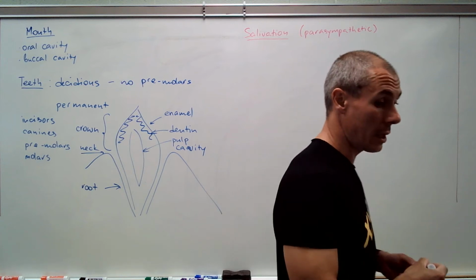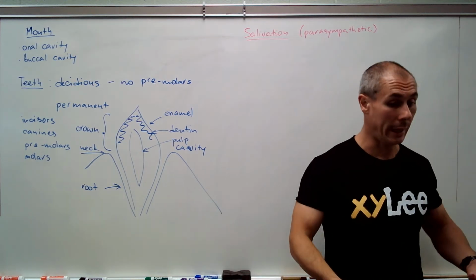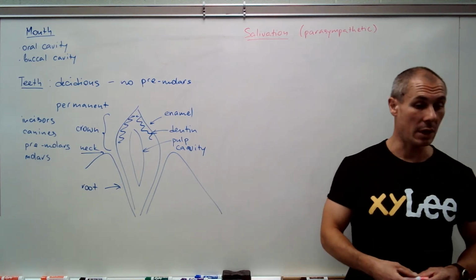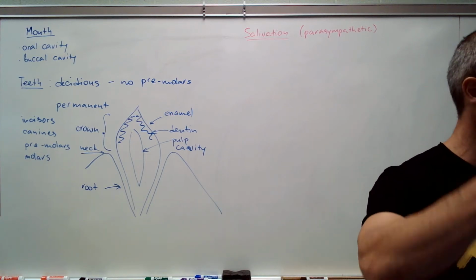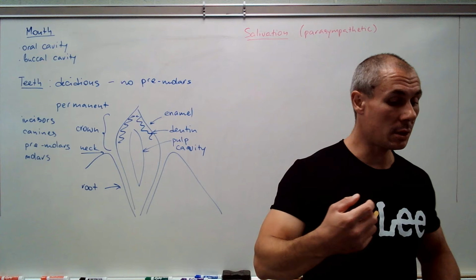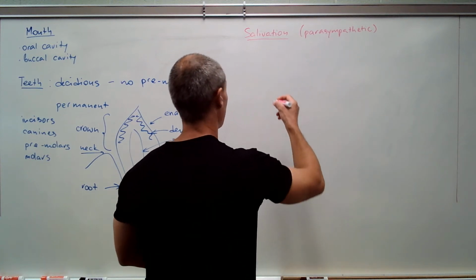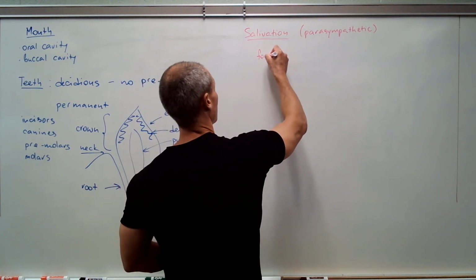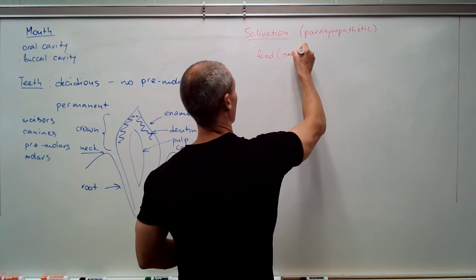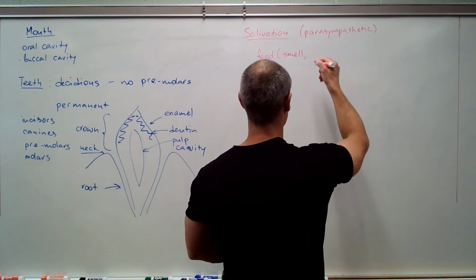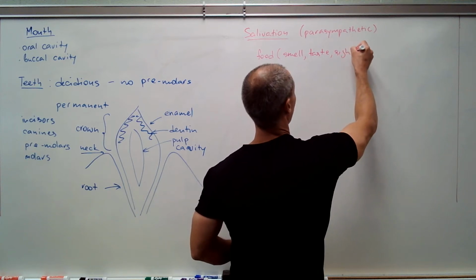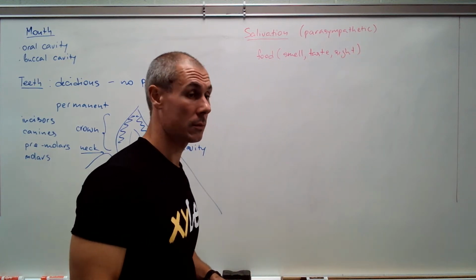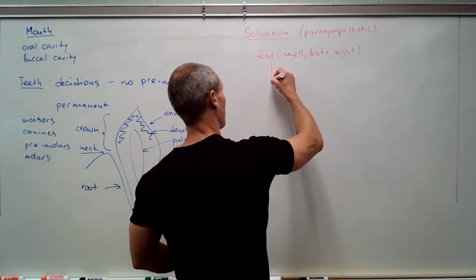By parasympathetic, I mean that it is stimulated by the parasympathetic neurotransmitters, so to say. So this is how it works. Check this out. So you've got food in your mouth. It can be smell, actually. It can be taste. It can be sight. Anything. Even thought. Okay?